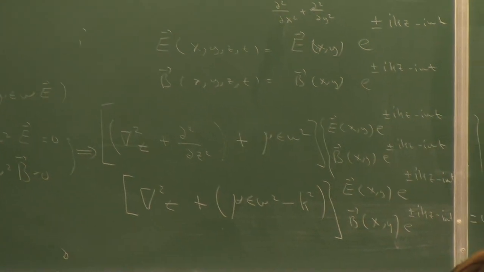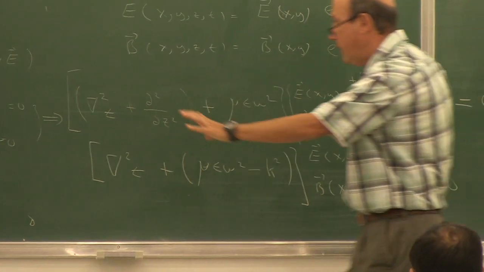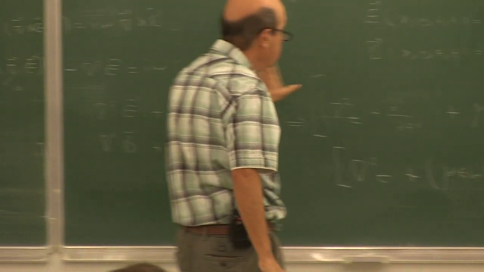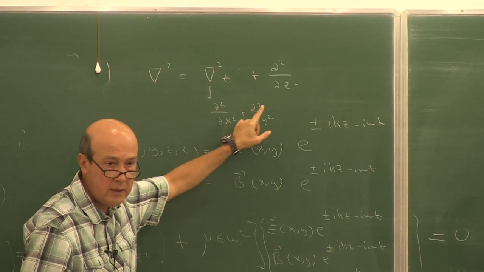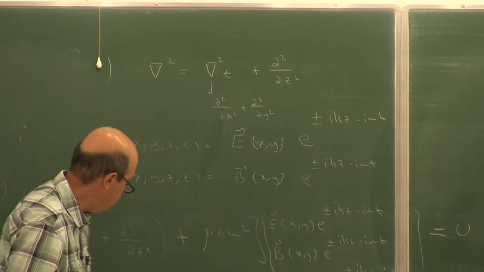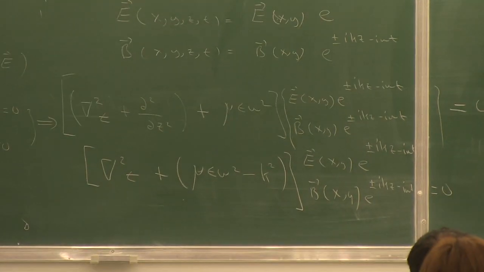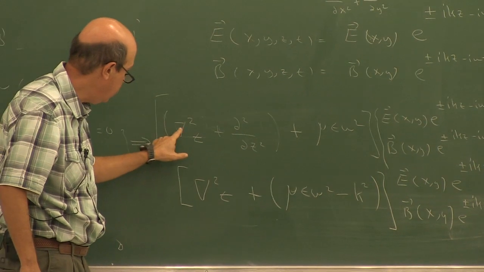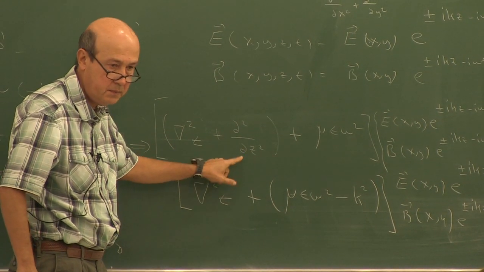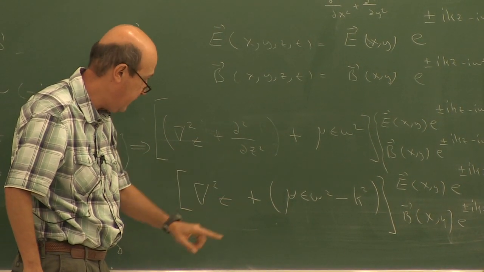First thing, this is simple. We have the wave equation, we have the Laplacian in terms of transverse and longitudinal. You convert the wave equation to the transverse. So this is a Laplacian in the transverse, plus del squared over del z squared.